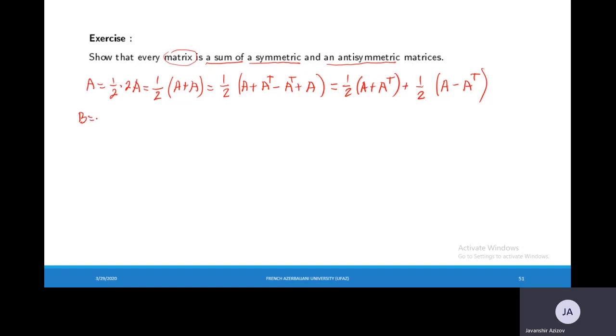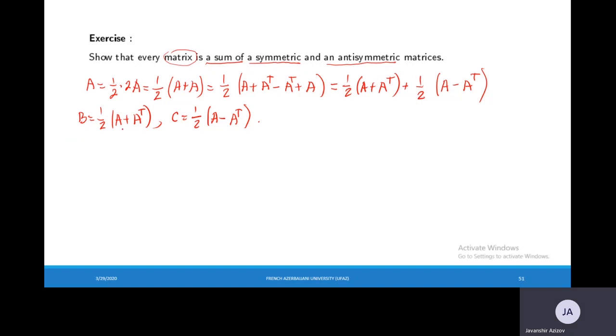Here we use the notations B and C for these matrices. B is this one, 1 over 2 times A plus the transpose of A. C is 1 over 2 times A minus the transpose of A. If we prove that one of them is symmetric and the other one is antisymmetric, then we will complete the solution.